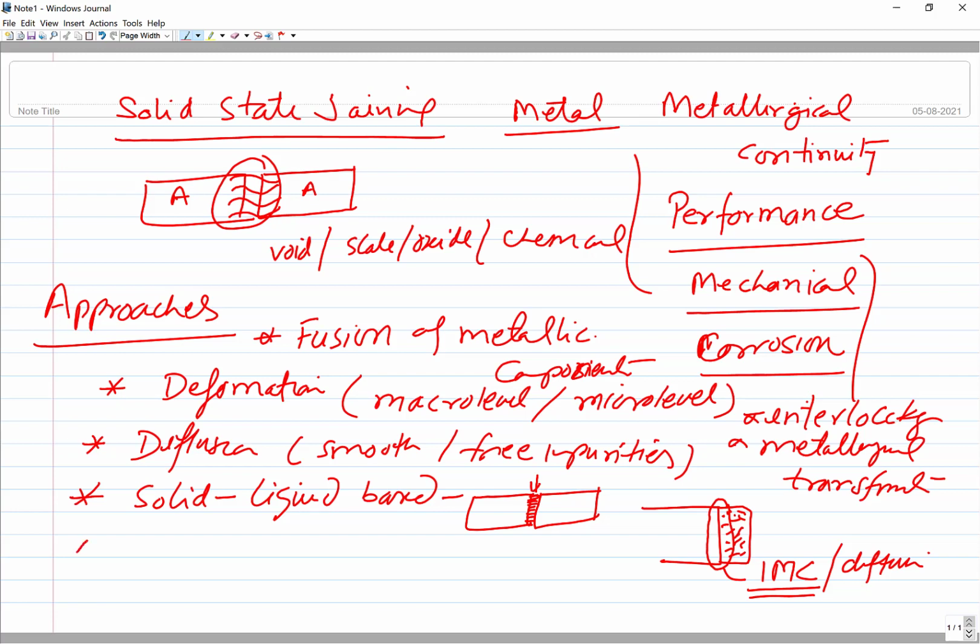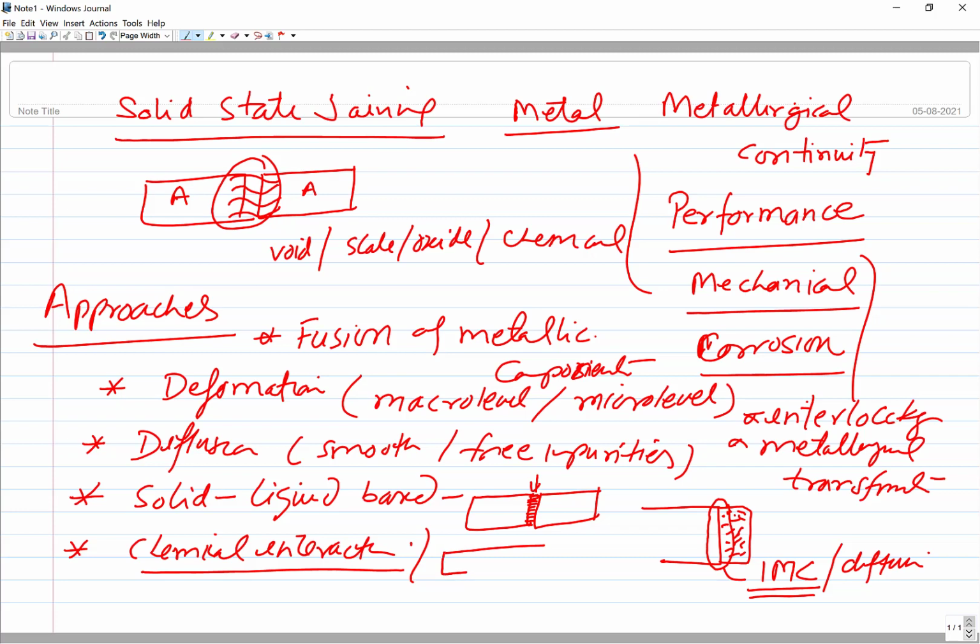Lastly, there is the very predominant and commonly used chemical interaction based approach. Here you use some kind of chemicals, resins, hardeners, adhesives. These interact with the surfaces, but metallurgical continuity is not facilitated between the components.